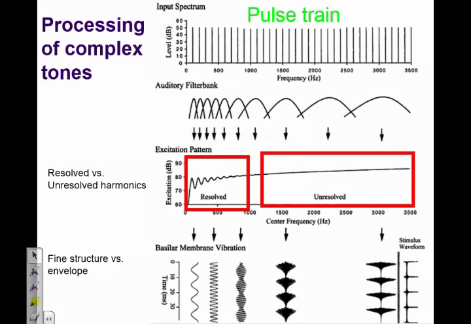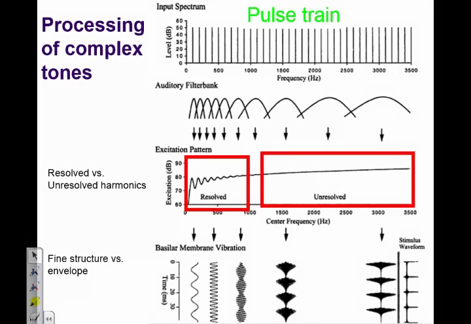Remember, our ear perceives sound logarithmically. That's why the octave is so important, because the octave means you go the same distance across the basilar membrane. But here we choose to plot it in a linear fashion. It's a different way of plotting it. So we have very narrow filters here for the low frequencies, very wide filters for the high frequencies.